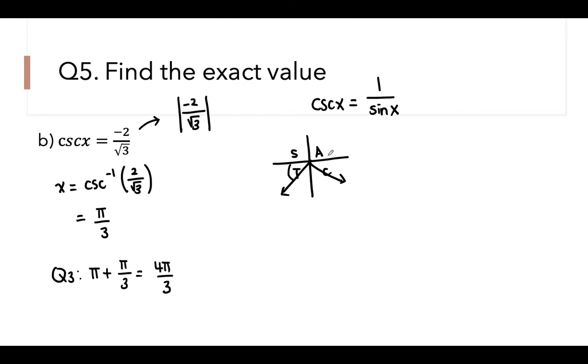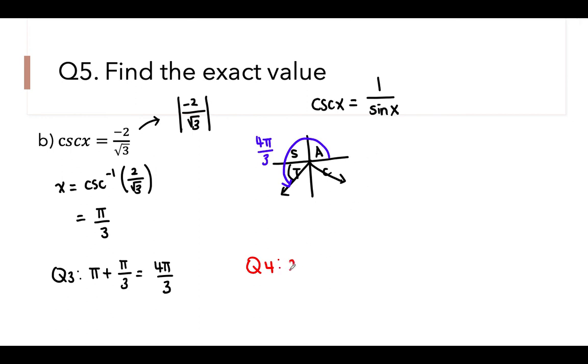So that means from the initial arm all the way up here to the terminal arm, this is my 4 pi over 3 angle. And that will give me negative 2 over square root 3. We are going to look for quadrant 4. Quadrant 4 involves 2 pi.